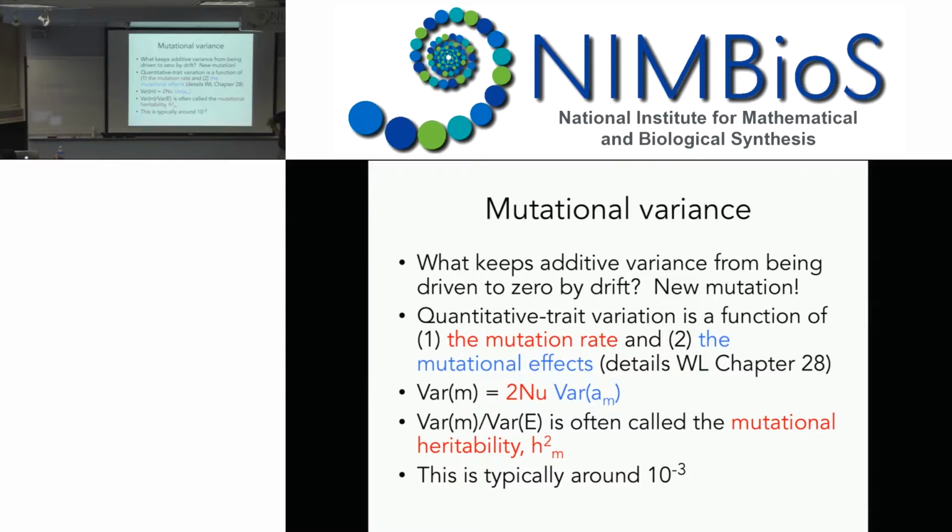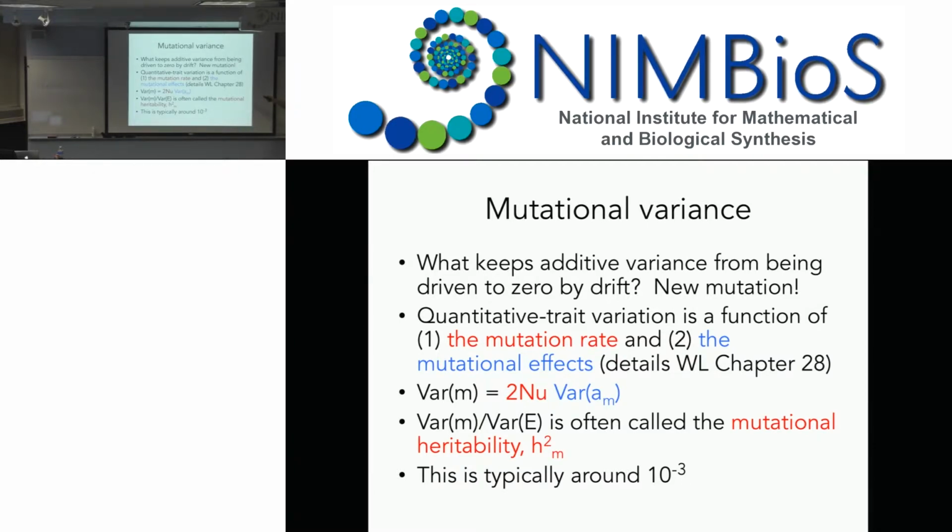But with a quantitative trait, in that case, I'd simply worry about the rate at which that happens. In quantitative traits, the mutation rate by itself is not sufficient. You also have to specify the effect size. So if I have two traits and they both have underlying loci experiencing the same mutation rate, if the effects are much bigger for one trait than the other, I get a much larger mutational variance for that trait.